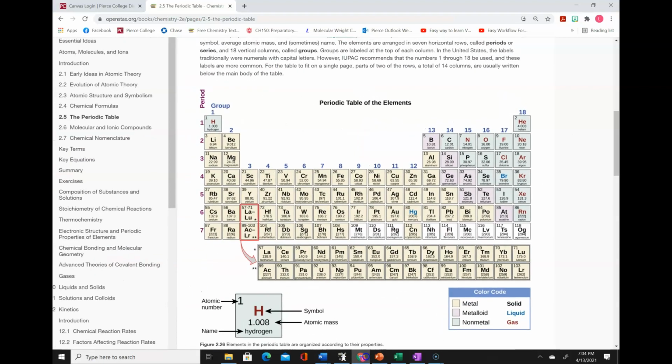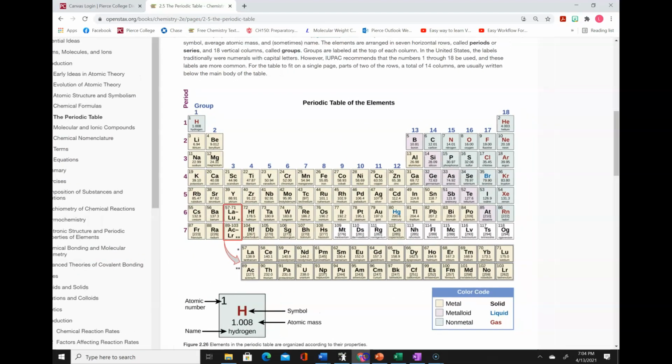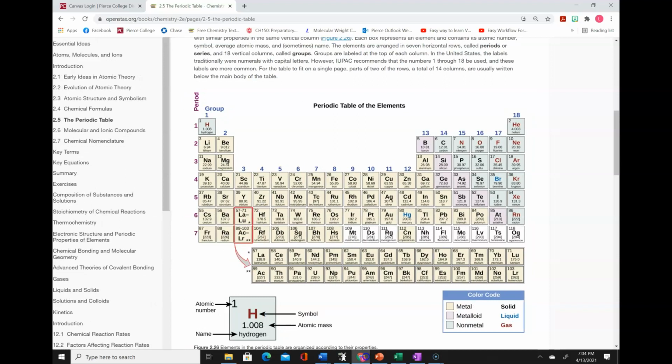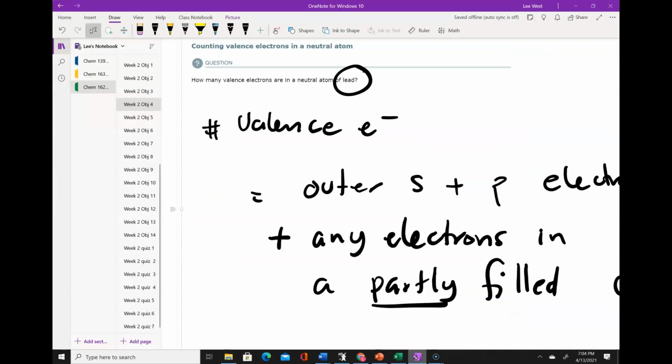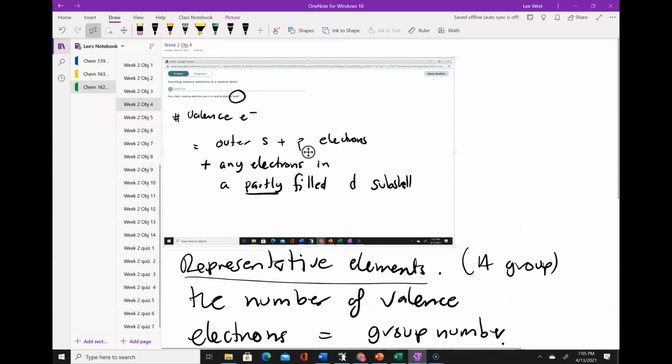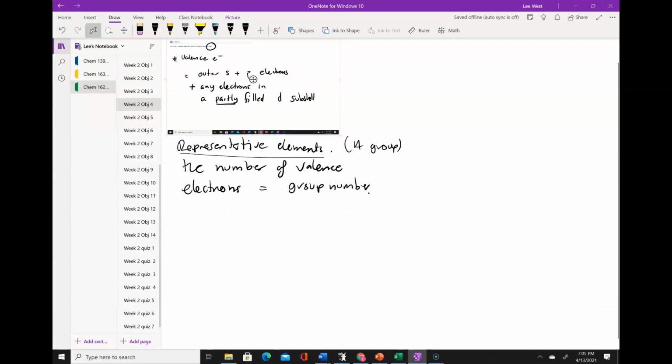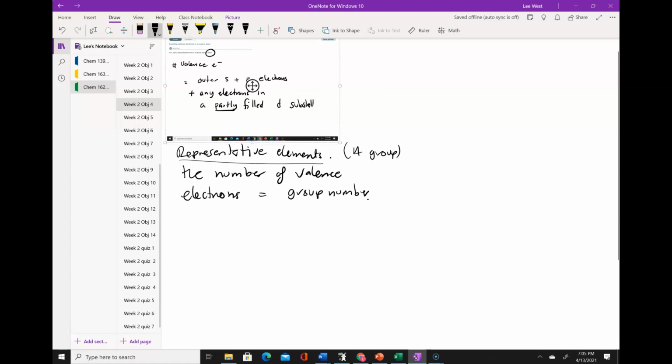So where is lead? There's lead. Hallelujah. Lead is right there underneath tin. So lead is in group 4A. You have to use the A and B notation for this. Over here, well, that's actually 3A there, so 4A is more in there.